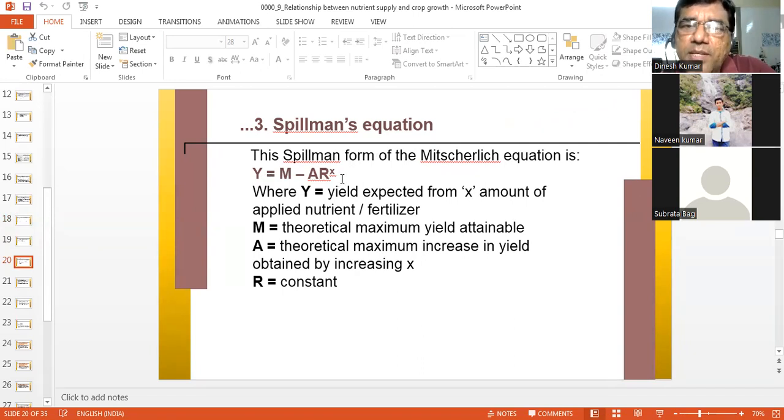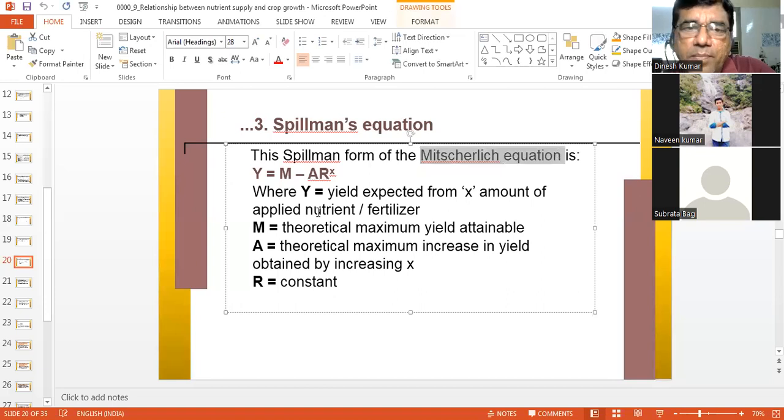This was basically based on the Mitscherlich equation, or sometimes it is called the Mitscherlich yield equation, where Y is yield expected from x amount of applied nutrient, M is theoretical maximum yield possible, A is theoretical maximum increase in yield obtained by increasing x, R is a constant.